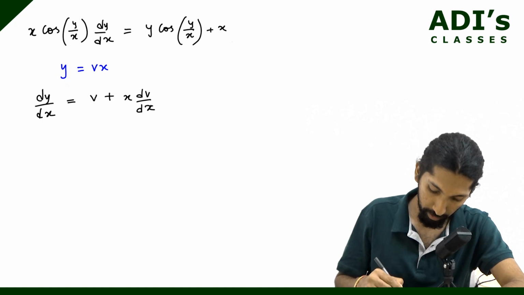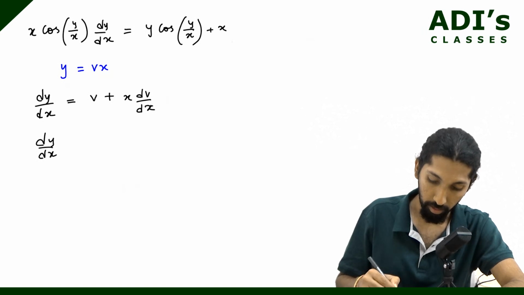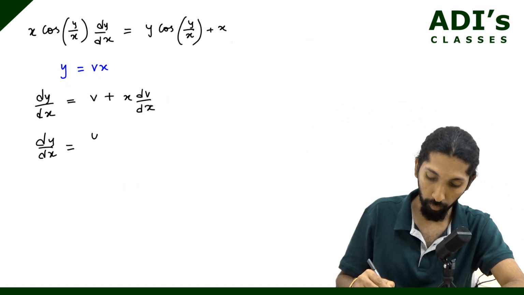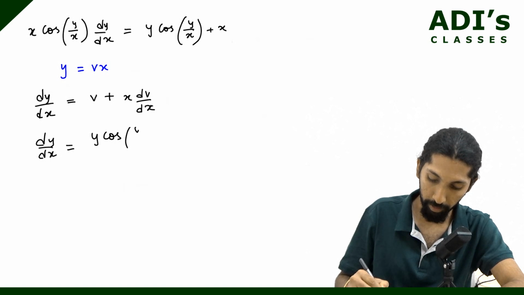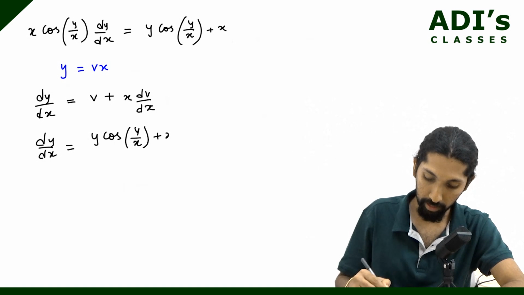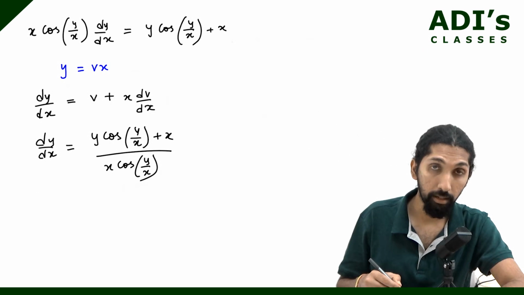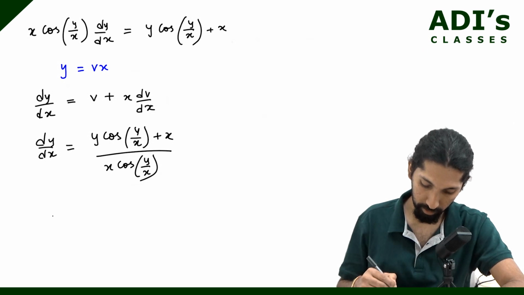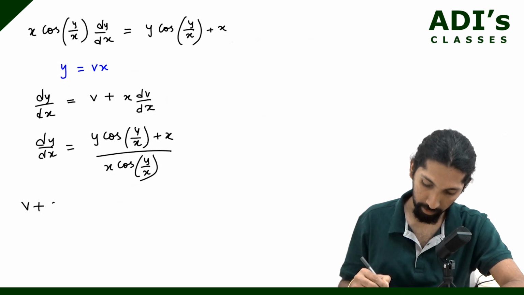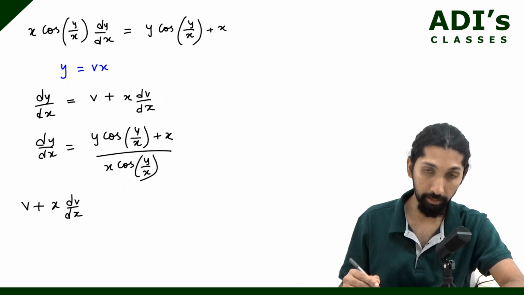See, what is dy by dx according to the question? Dy by dx is y into cos of y by x plus x divided by x into cos of y by x, right? Now, what is dy by dx? V plus x into dv divided by dx, right?